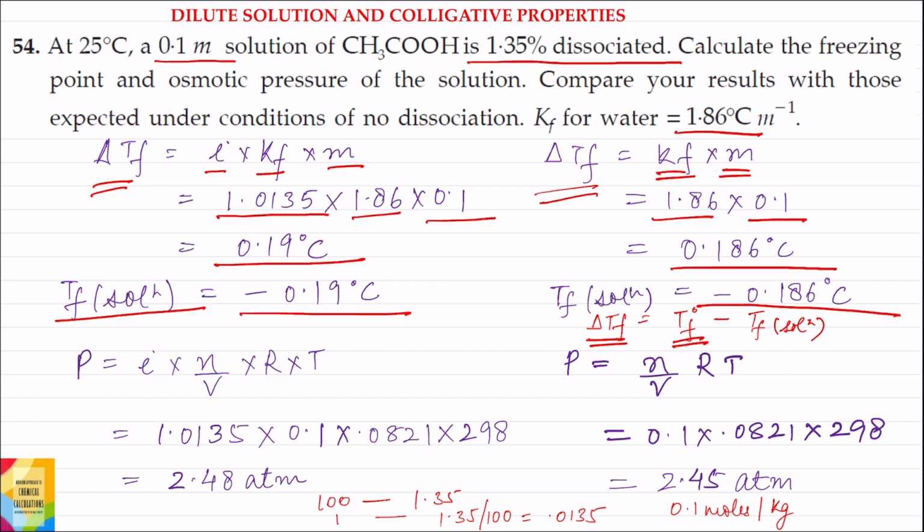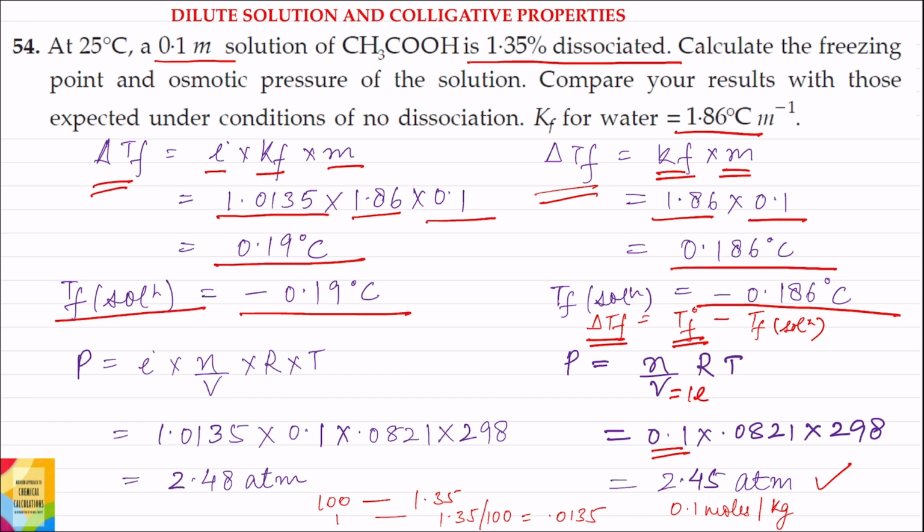So if weight of water is 1 kg, then volume of water is 1 liter. Now since the amount of solute present in the solution is very less, volume of solution and volume of solvent can be taken as same. So volume of solution will be equal to 1 liter. Number of moles is 0.1 moles. Putting the values and solving, osmotic pressure is 2.45 atmosphere.